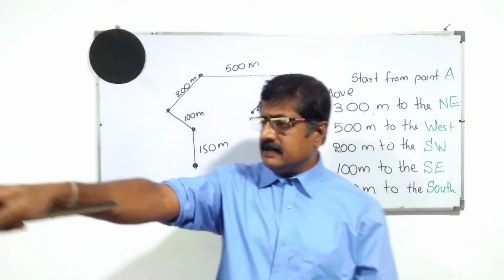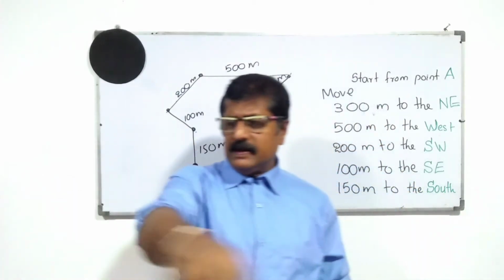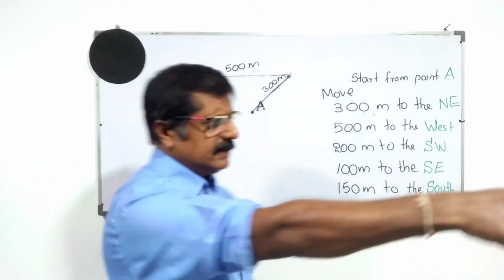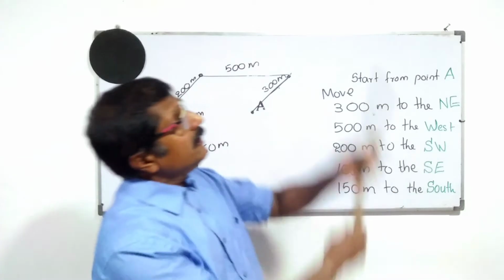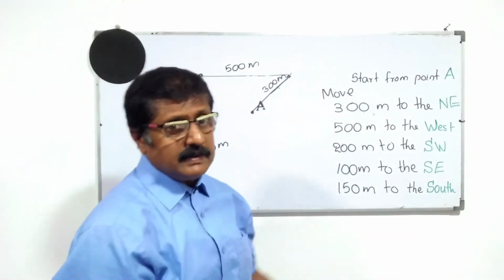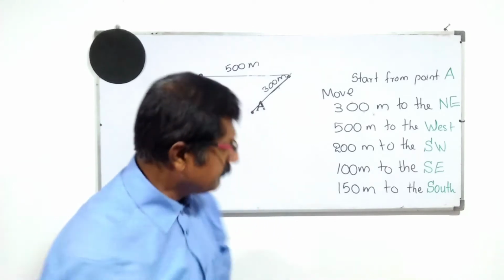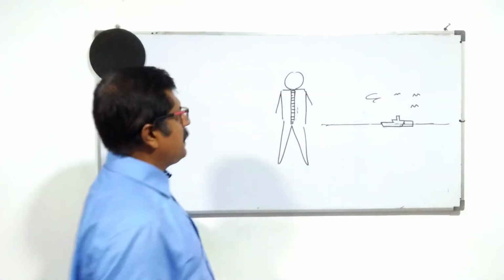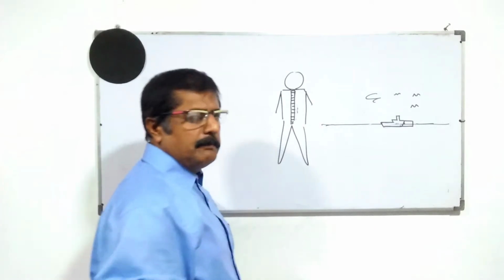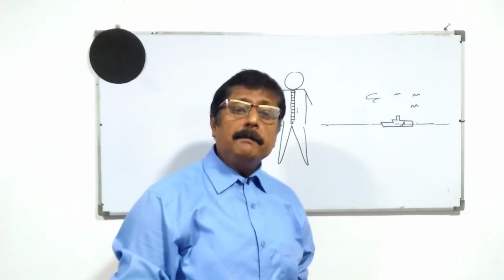Now these directions we measure like this on the horizontal plane. But if we measure on the vertical plane, let's look at it. Now look at this figure. This is a man. What is this? It is the backbone or the vertebral column.